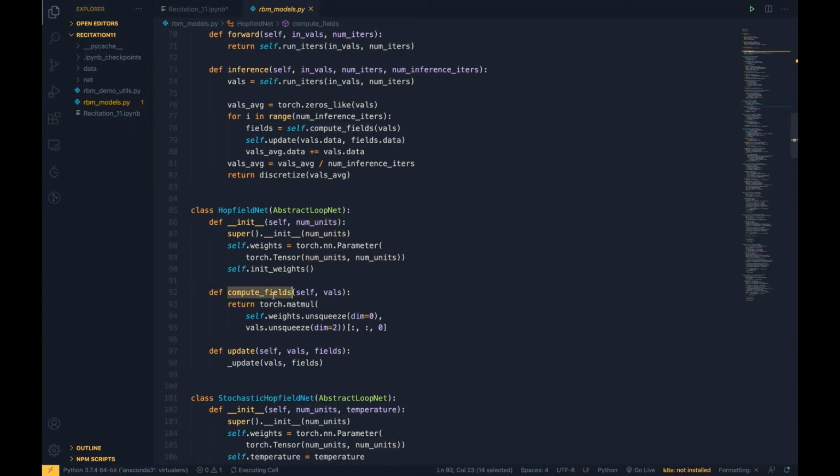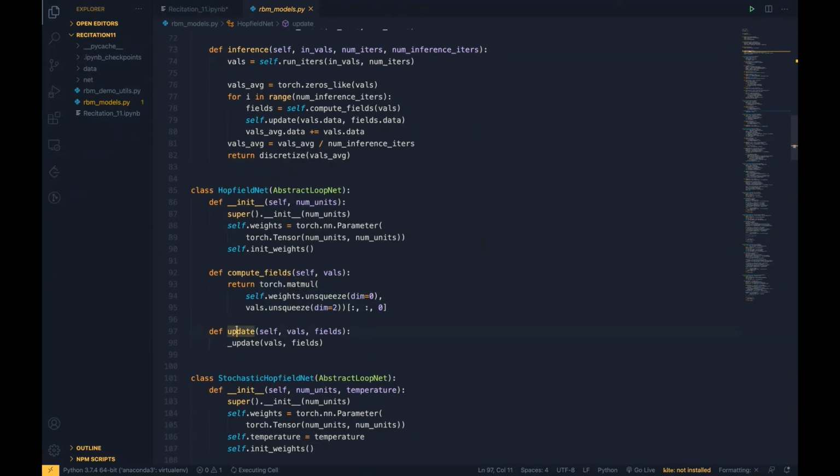And the compute field just multiplies the weights by the values and returns a field. The unsqueeze is just to make the shapes identical so that we can apply the matmul function. And for the update function, we just use the update function on the values and fields.